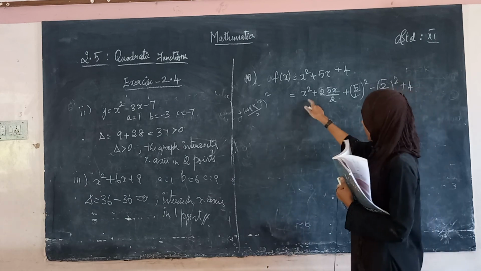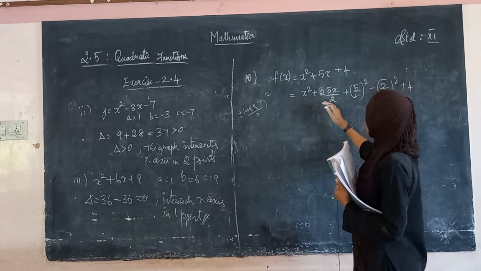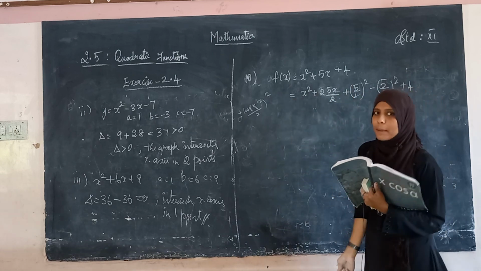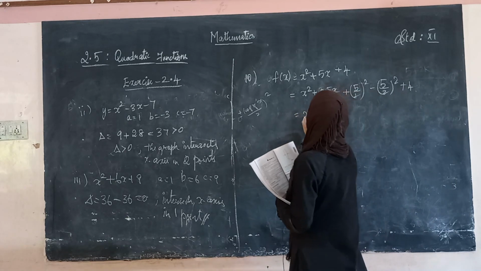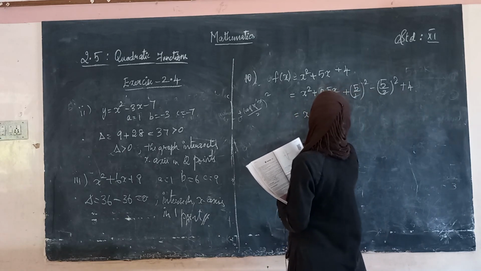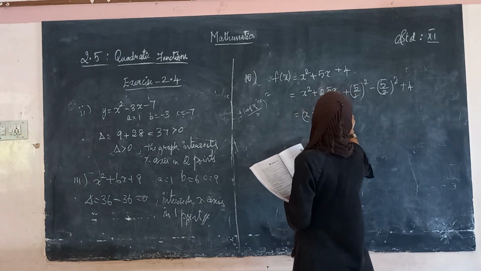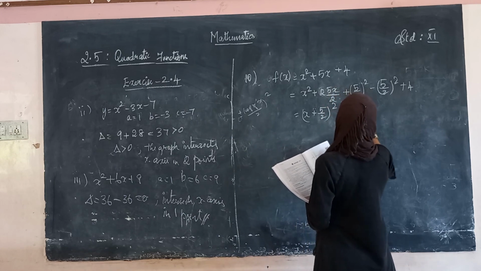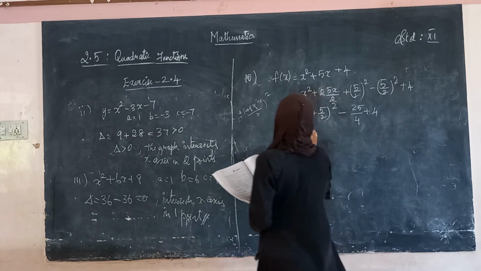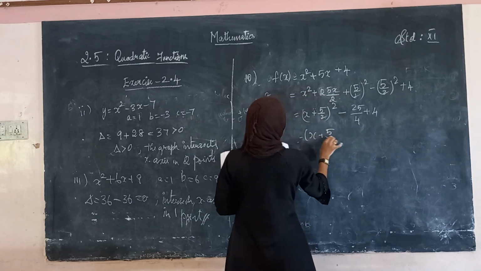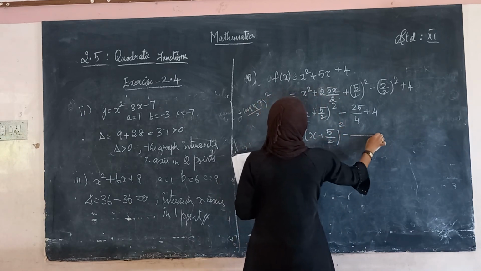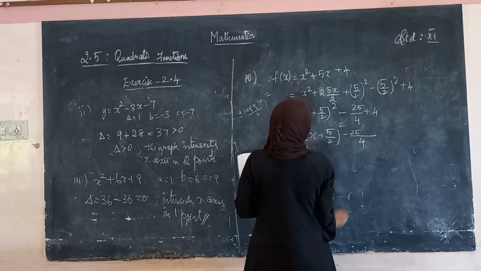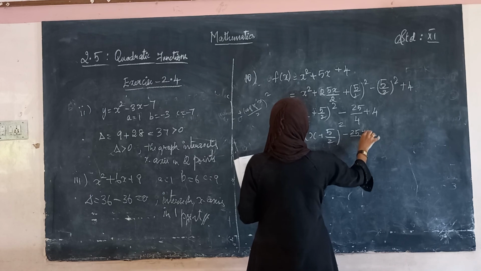Okay, see this alone, x squared plus 2 into 5x divided by 2 plus 5 divided by 2 the whole square, this is in the format of a plus b the whole square. This is equal to x plus 5 divided by 2 the whole square minus, this term is 25 divided by 4 plus 4. Okay, so x plus 5 divided by 2 the whole square minus, divided by 4, 25 minus 16.